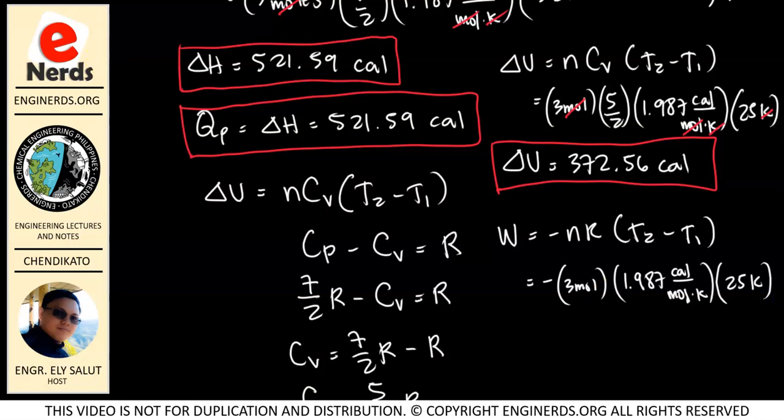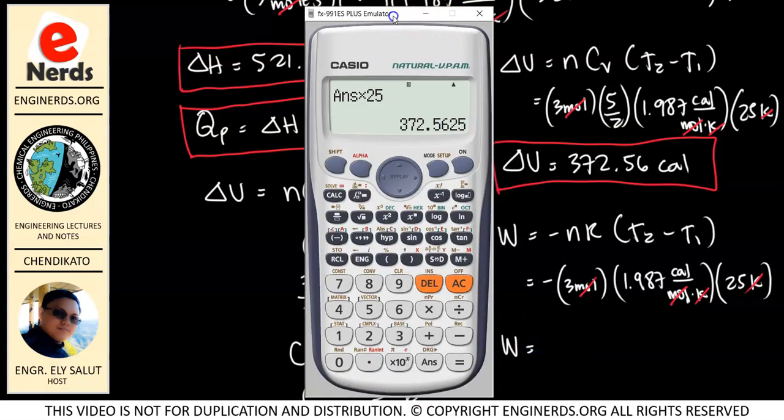Okay, so let's check our units. So our moles will be cancelled out, Kelvin will be cancelled out. So now you can use our calculator for solving the value of our W here.